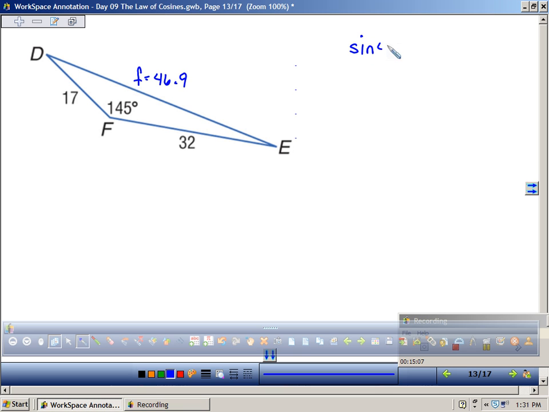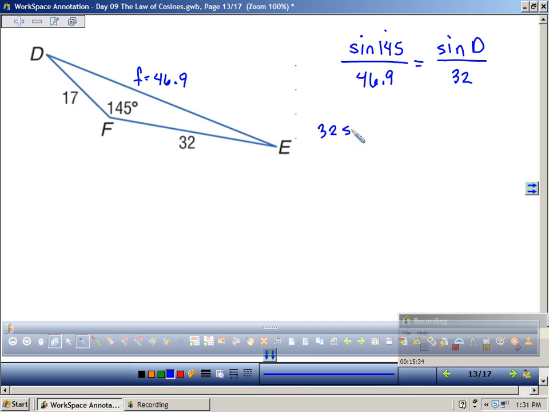So sine of 145 compared to 46.9 will be equal to sine of D, compared to what's the opposite side of D? 32.